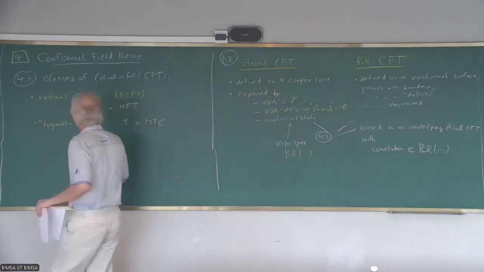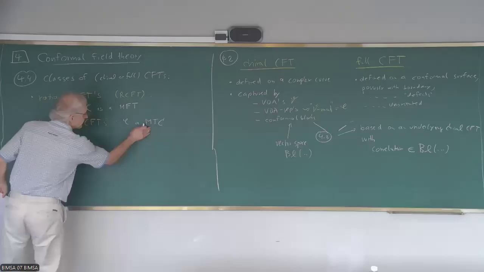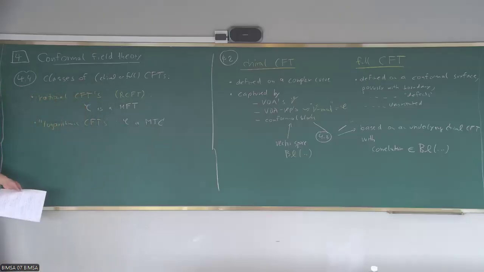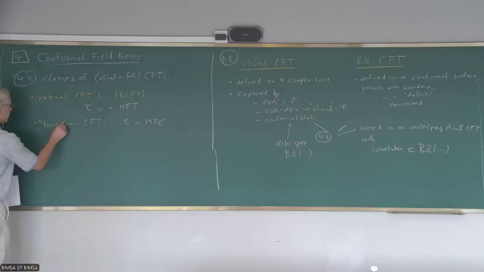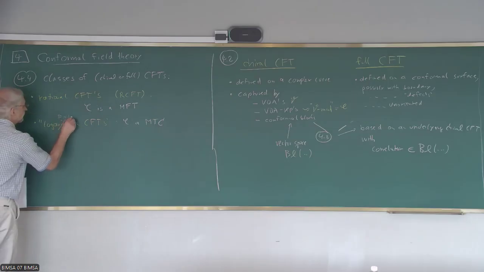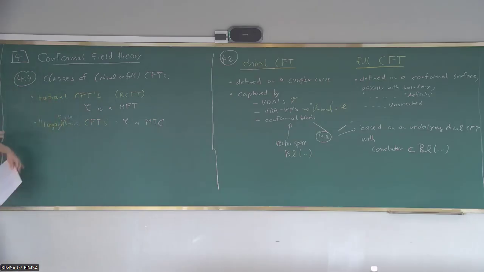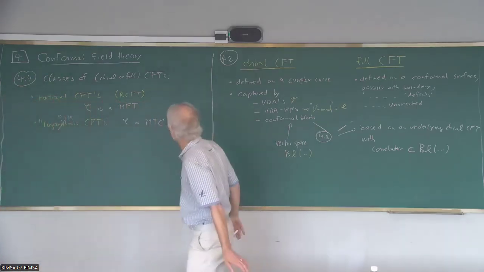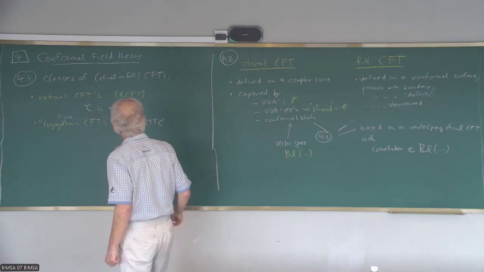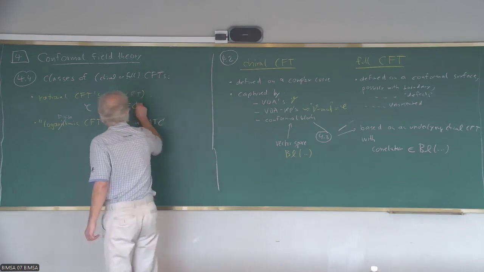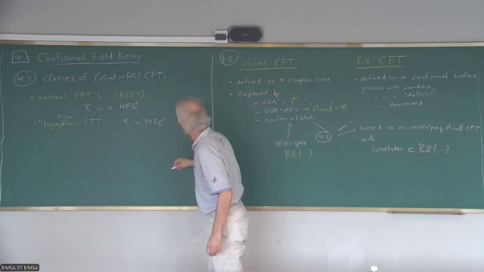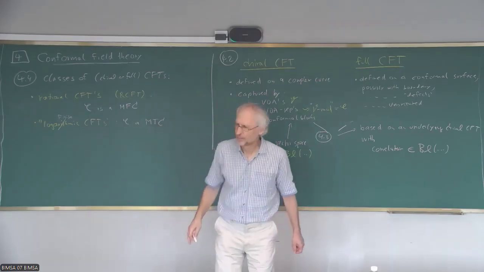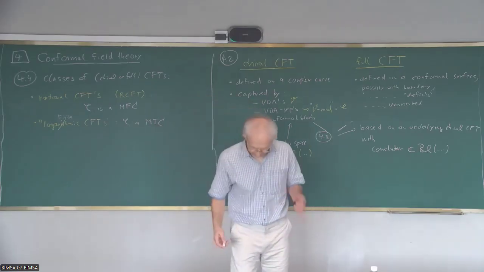So a better word for that is, remember, this means that I have what I call a finite tensor category. So a better name for this is finite conformal field theories, even though this is also not a good name.